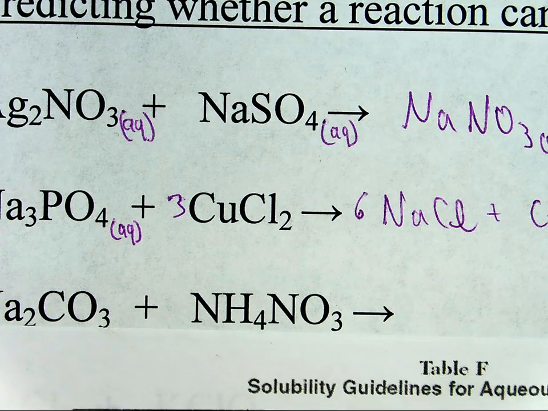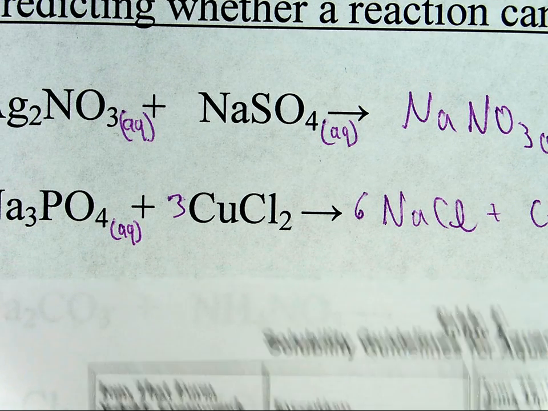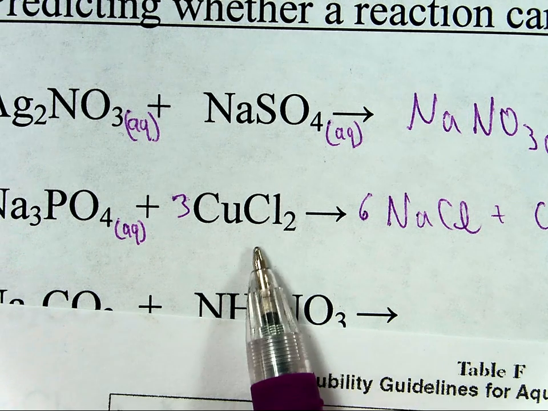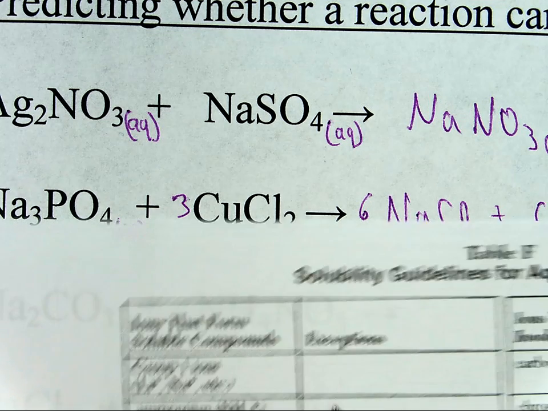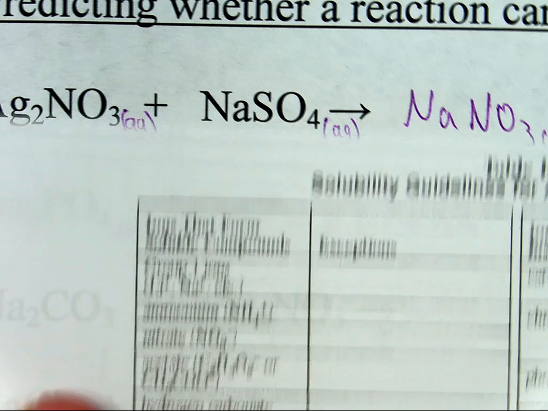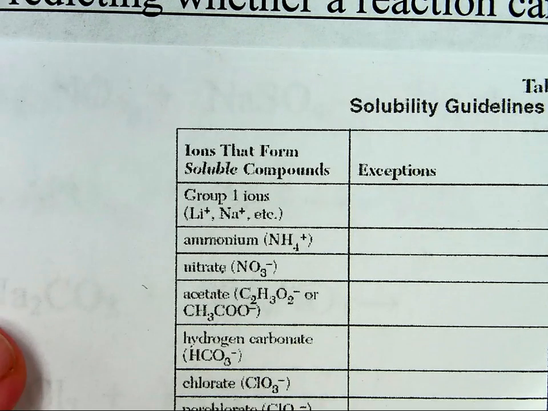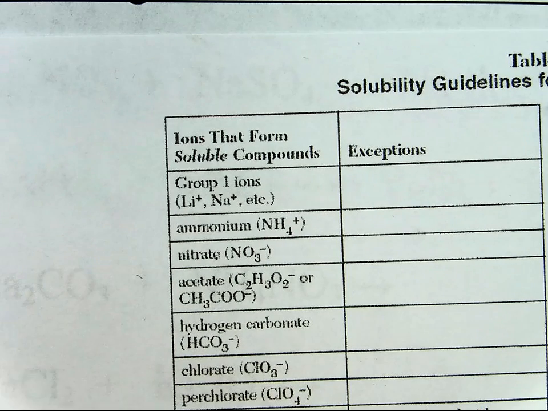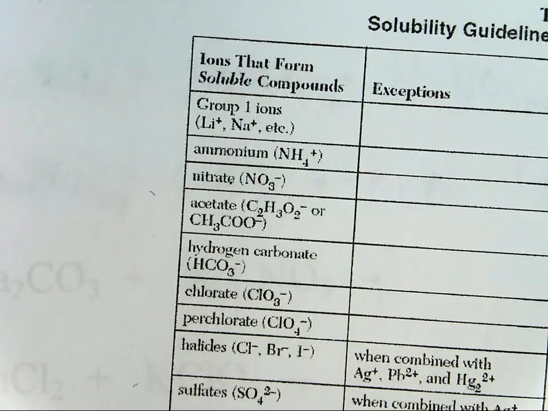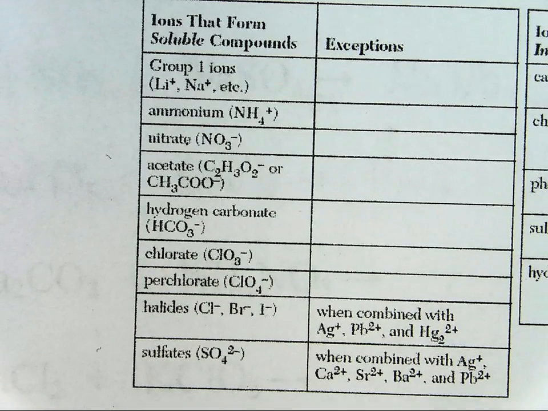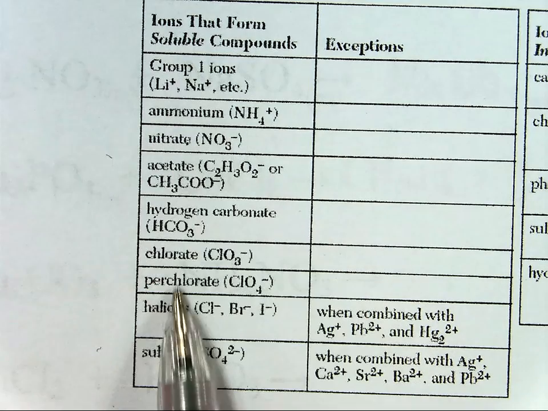Copper chloride. Where do you find this on the list? Again, look at the anion. At the anion, I see right here, it's under halides. Looking at the halides, it says halides are soluble unless it's paired with one of these three.